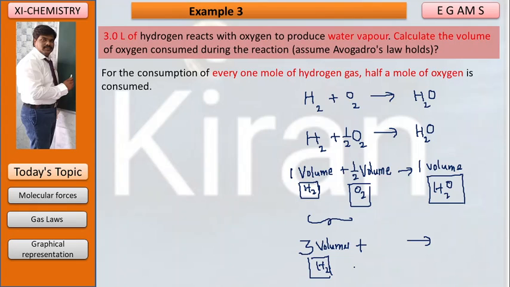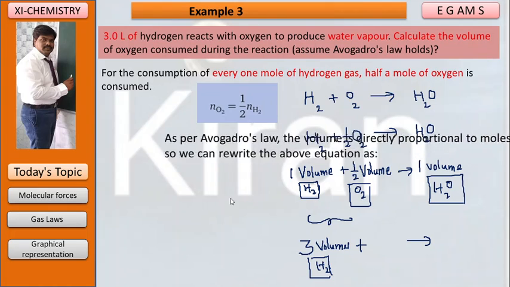Excellent. So 3 into half, right? It means that is 1.5. That I am going to show you. Look at the screen. nO2 is equal to half nH2.